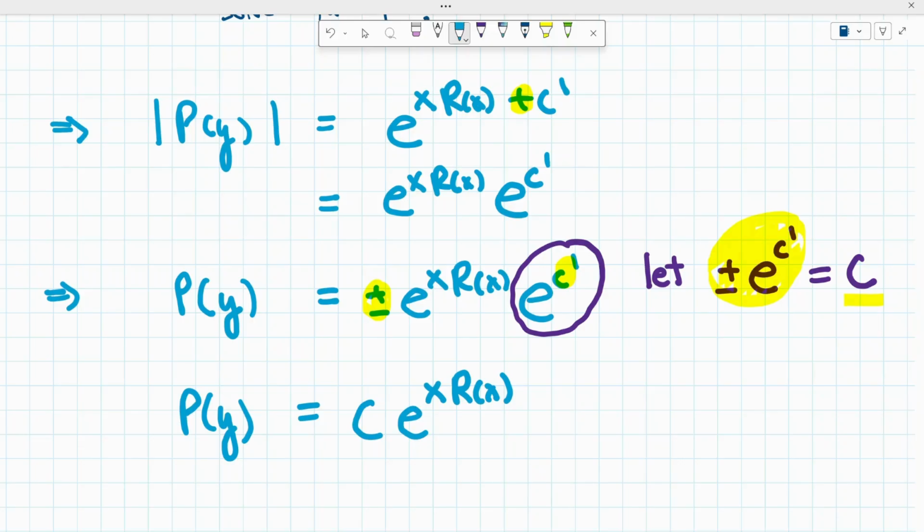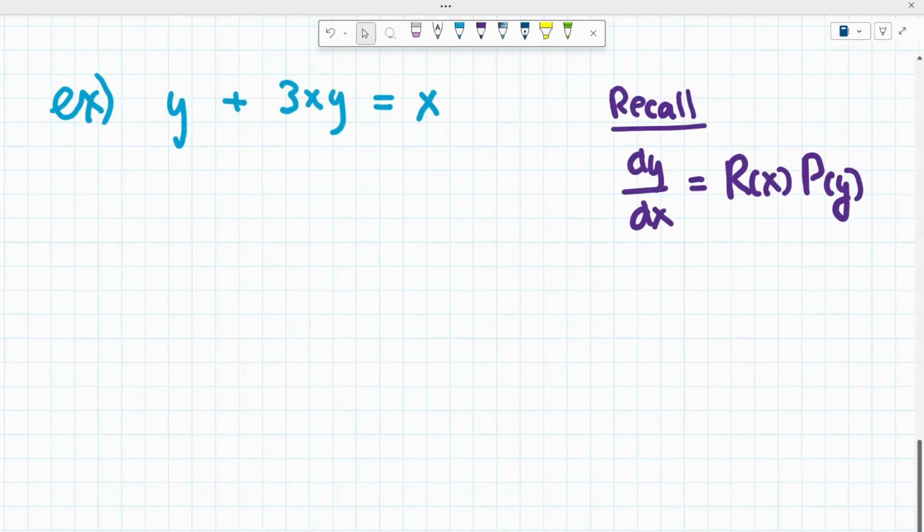So we're going to go ahead and move on and look at an actual example. We're going to start by looking at this example over here, where we have y prime plus 3xy equals 2x. We first need to determine whether this is a separable equation or not.